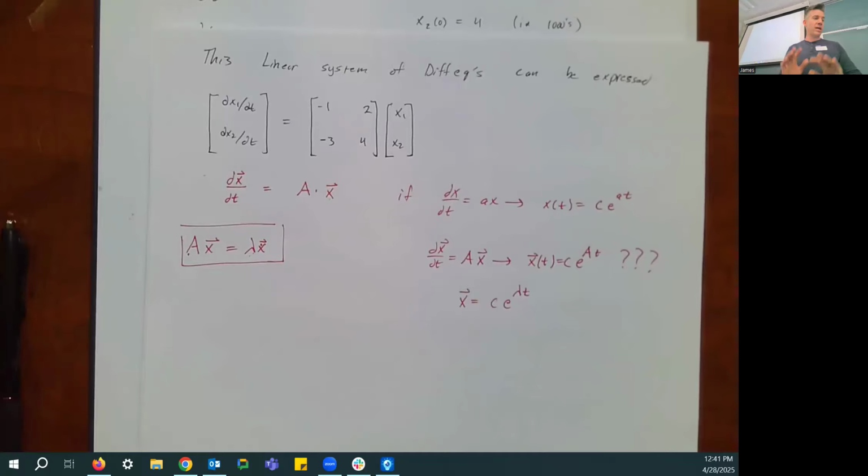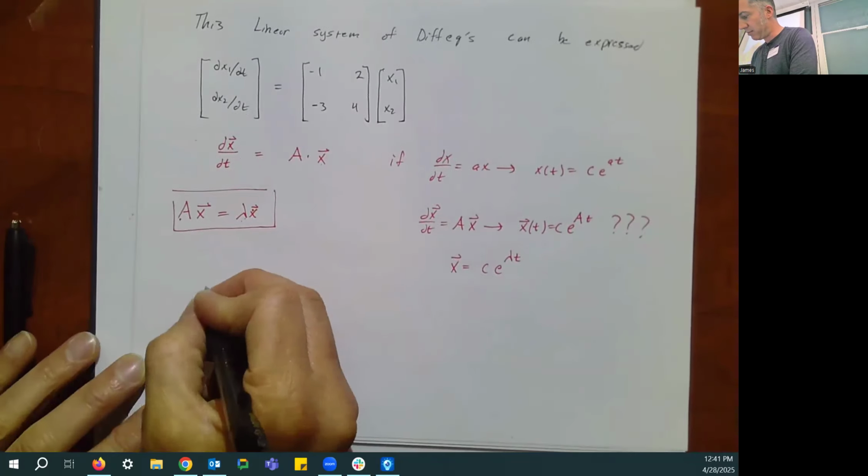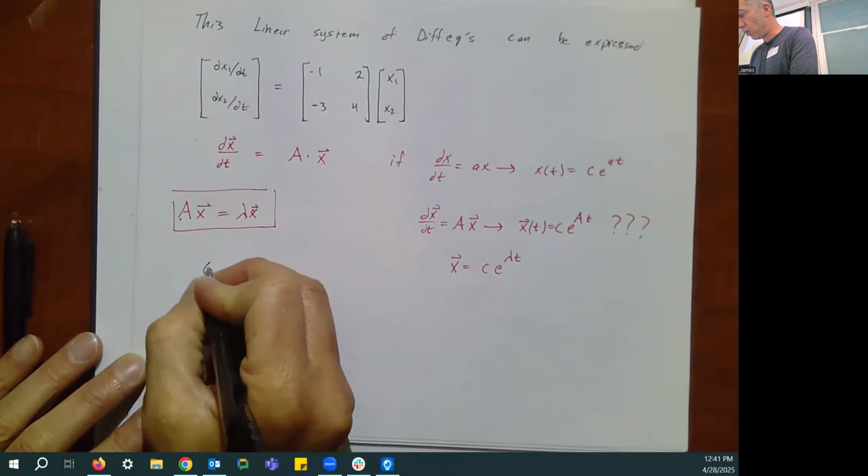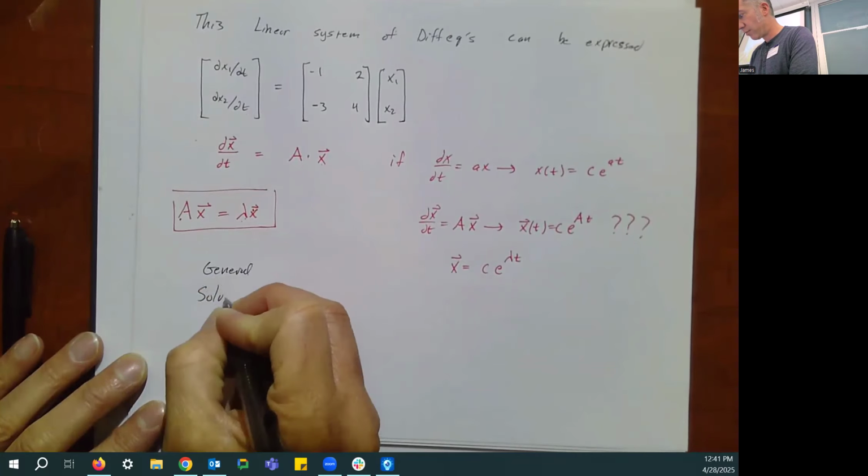Here's how this actually ends up working out. Our general solution to the system of differential equations, dx as a vector over dt equal to A times x as a vector, looks like the following.